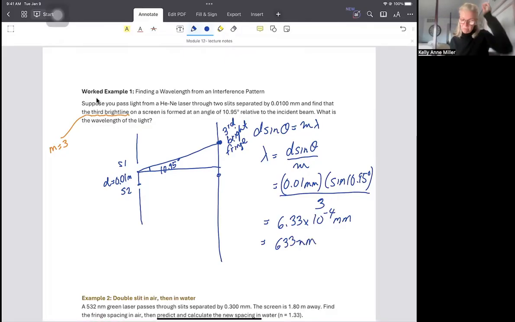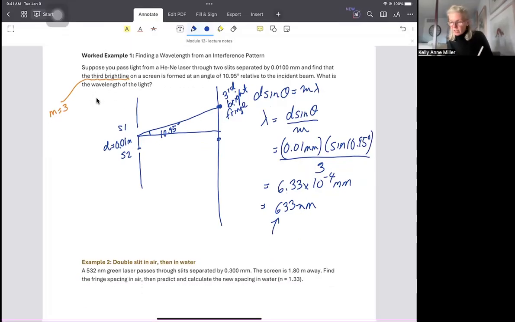If I was doing this as a challenge problem, I would probably note in my evaluate result that 633 nanometers is the wavelength for red, which makes sense because neon signs emit that wavelength of light.